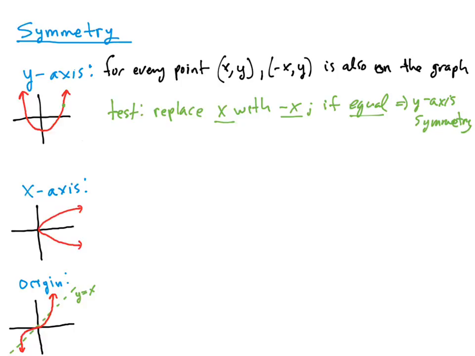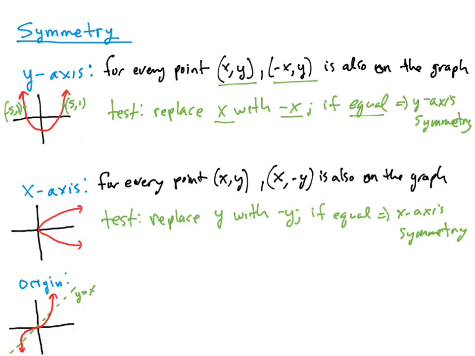Let's say that point is, I don't know, (5, 1). If this graph were to have y-axis symmetry, well, this point would be (-5, 1). See, we have a point (x, y), the (-x, y) is also on that graph. So that example illustrates this point.